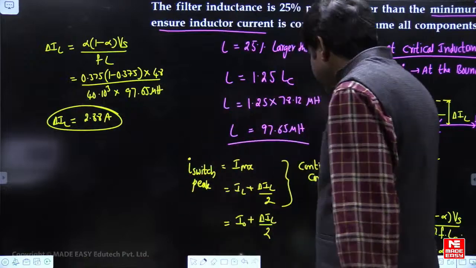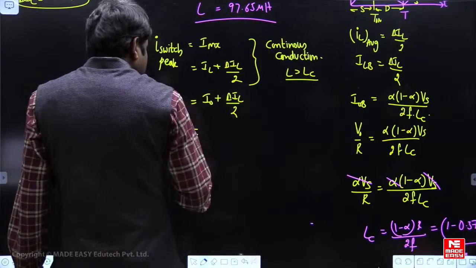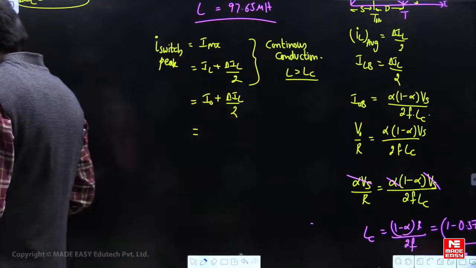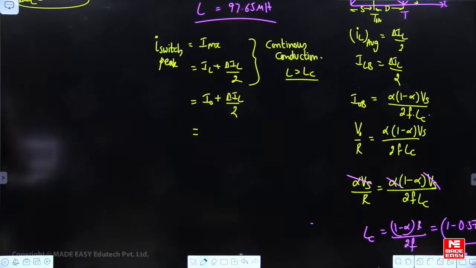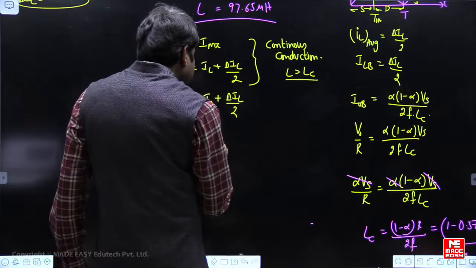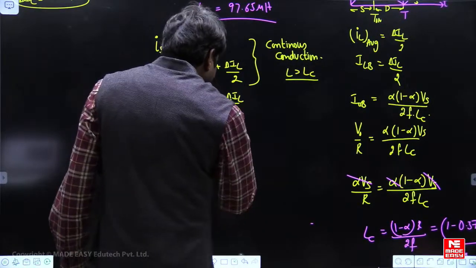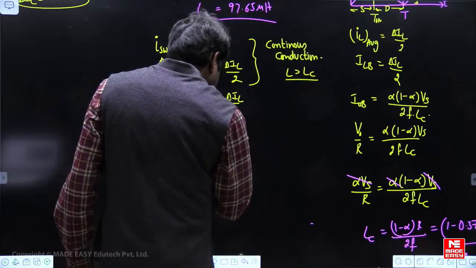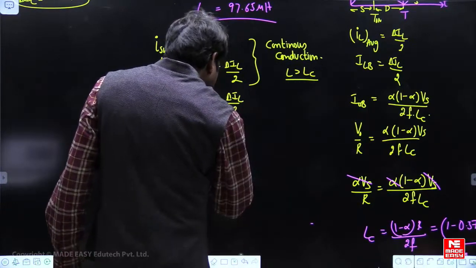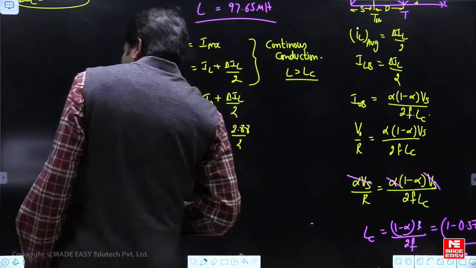Now, the peak current passing through the switch is, what is I naught? V naught by R for a resistive load, plus the ripple current 2.88 by 2.